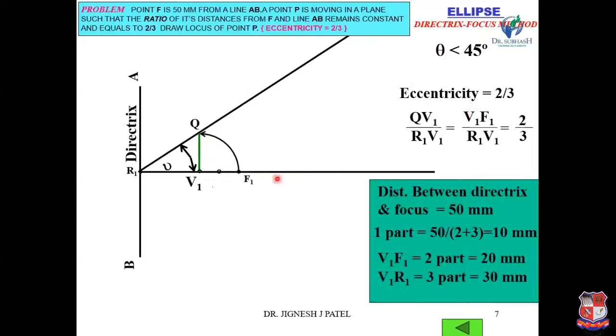Now from V1 mark some points 1, 2, 3, 4, 5, 6, 7. From these points draw vertical lines perpendicular to this axis.